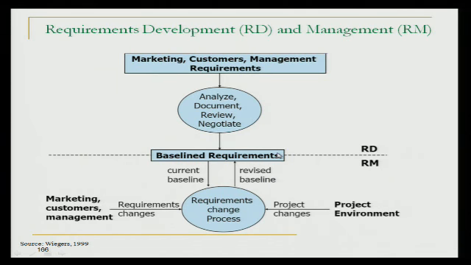So it helps minimize churn. We're churning, we're discussing, and we're converging, we're getting close. Okay, you know what, we're going to baseline. Now, if you want to make a change, you have to go through a much more painful process, because it helps limit that change, okay? So you have the baseline, and all that above the line is requirements development. Below the line is more on the management side.